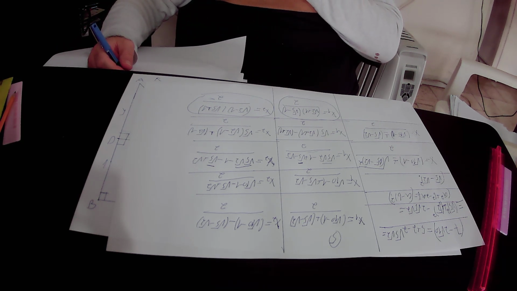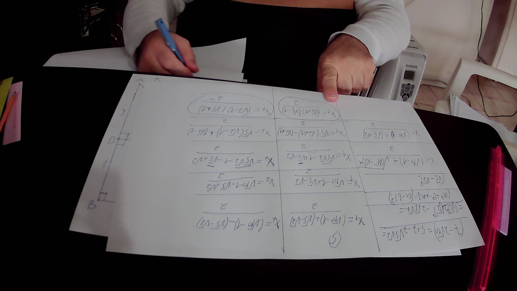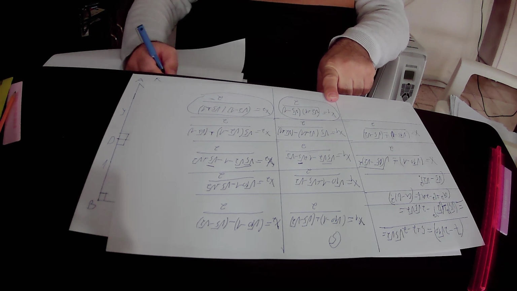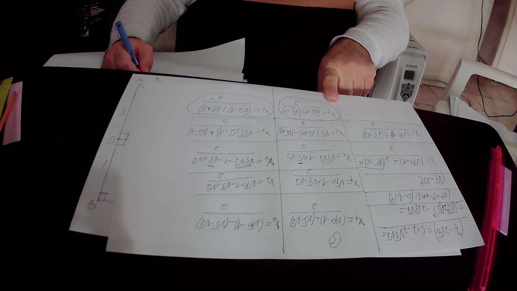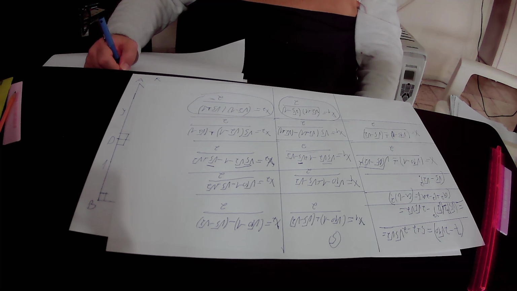So first of all I will copy the solutions x1 and x2 in a new page. x1 equals square root of 2 plus 1 times square root of 5 minus 1 over 2, and x2 equals square root of 2 minus 1 times square root of 5 plus 1 over 2.